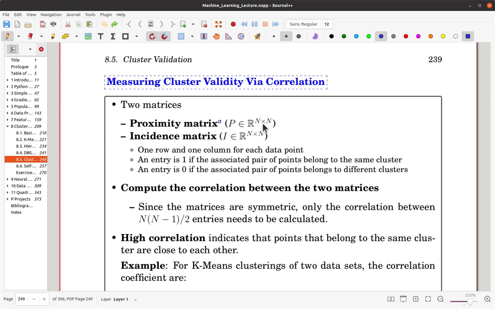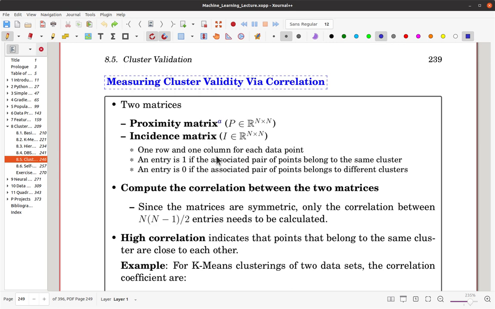So point-wise distance will make, for example, a similarity matrix. That is a kind of proximity matrix. And the incidence matrix can be made in this way. Point-wise, for each pair of points, if they are in the same cluster, then the position is 1, and if not, then the value is 0.